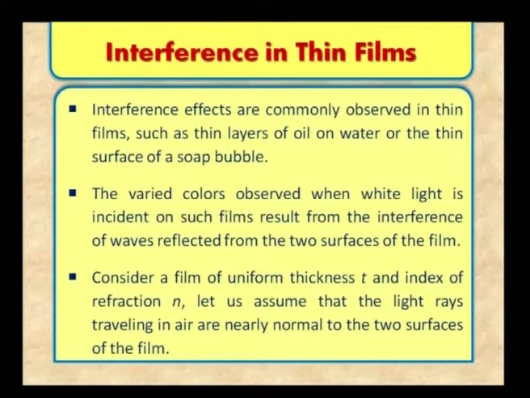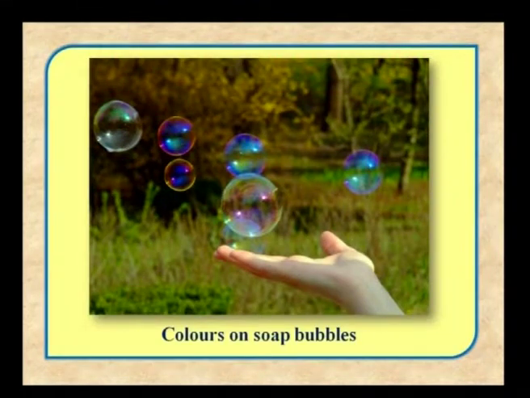Consider a film of uniform thickness T and index of refraction N, because the oil will have a different refractive index compared to air. Let us assume that the light rays traveling in air are nearly normal to the two surfaces of the film. So when white light is incident on a thin film, you will get colors.